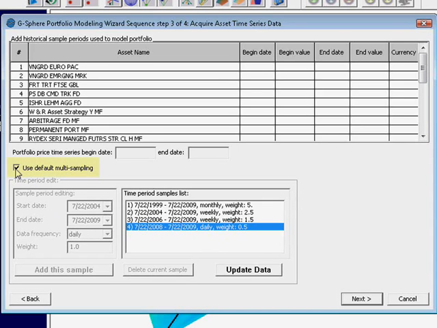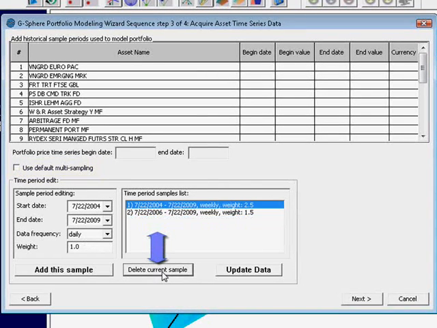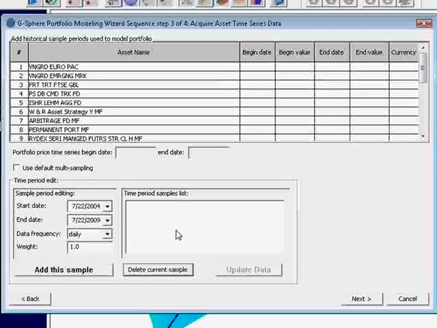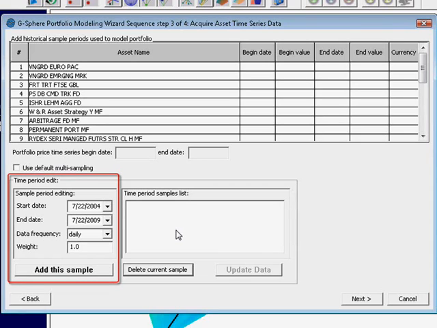Other techniques for using the multi-sampling involve selecting different bull or bear periods, or emphasizing or de-emphasizing specific events, or adding extra emphasis to different historical periods which match your macroeconomic sentiment. For example, there's a TARP legislation that was passed in the United States somewhere around early October 2008.